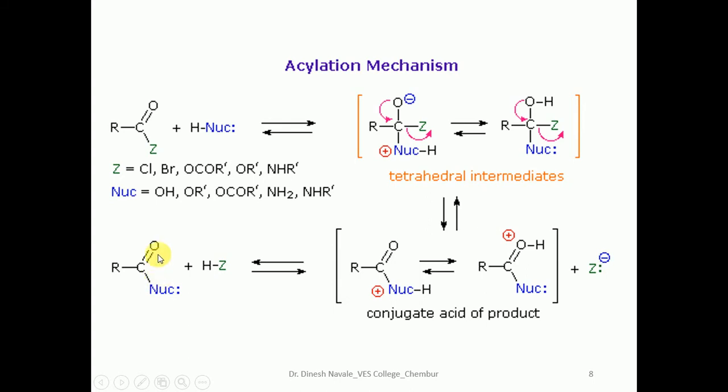Our starting material is an sp2 hybridized carbon, and the product is also an sp2 hybridized carbon atom. Starting material is trigonal in geometry, product is trigonal in geometry, but the intermediate formed is sp3 hybridized, a tetrahedral intermediate. That is the indication that the majority of acyl nucleophilic substitution reactions are carried out via the tetrahedral intermediate.